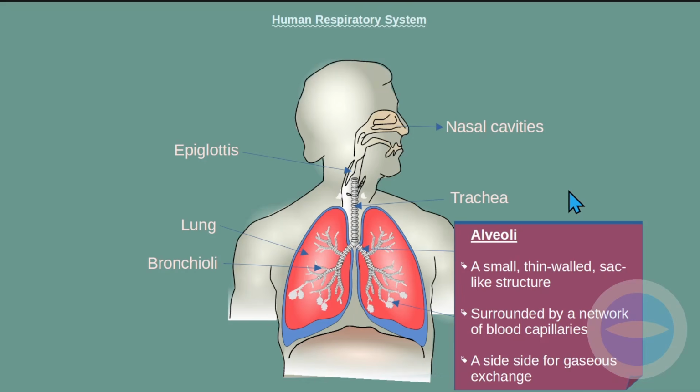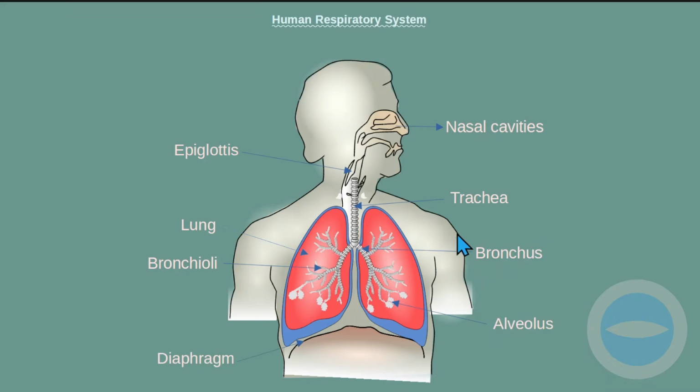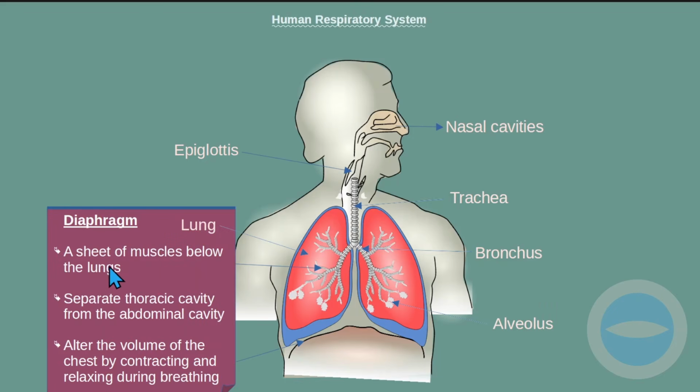And then the next part is the diaphragm. So now we talk about the diaphragm. The diaphragm is a sheet of muscle below the lungs. It separates the thoracic cavity from the abdominal cavity. When we talk about the thoracic cavity, we talk about the chest cavity.